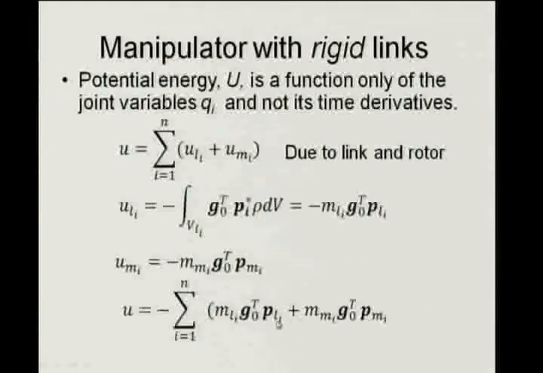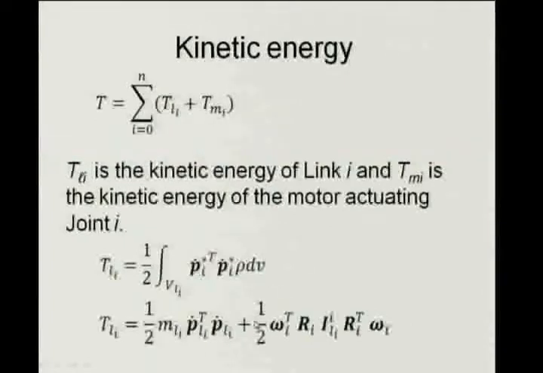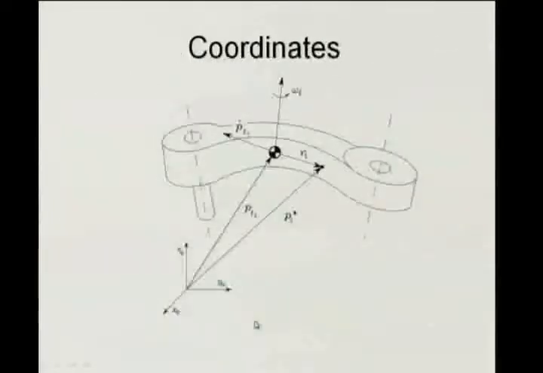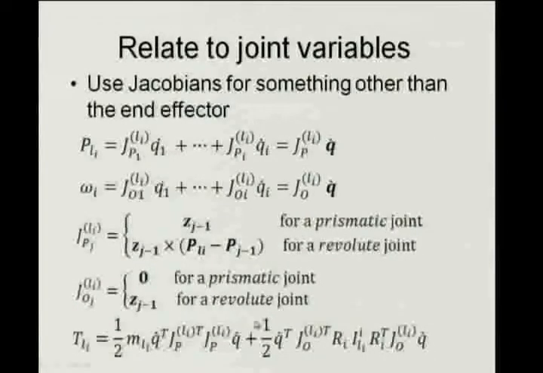Now here we are writing it in this form, but when you actually compute it, you will plug in numbers for all these terms. Then you start working on the kinetic energy, and it is a little bit more complicated, but in the end you calculate Jacobians.